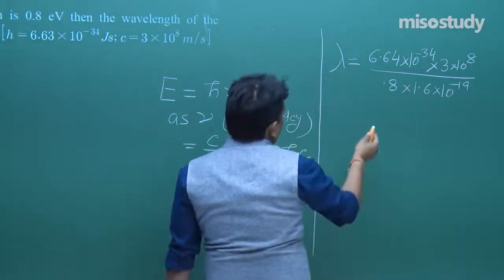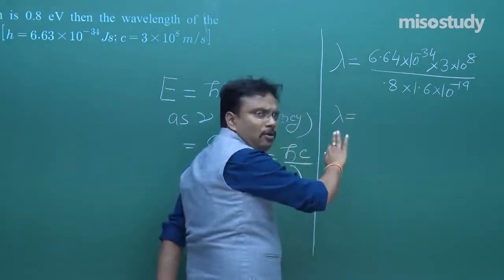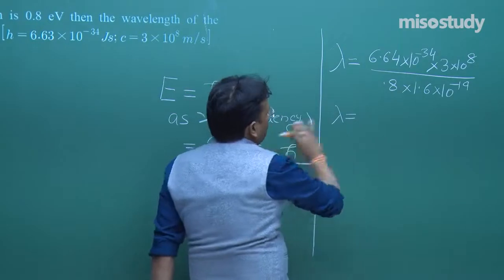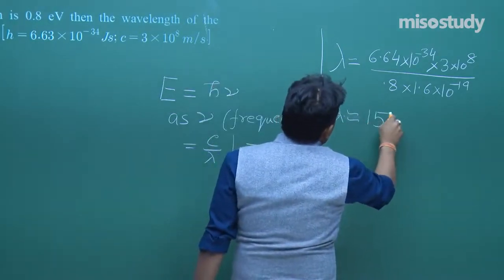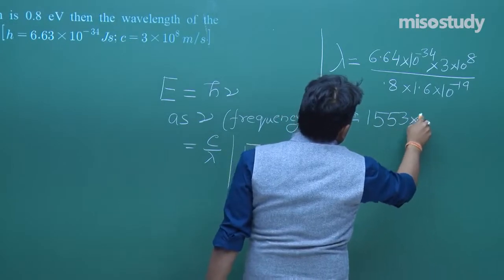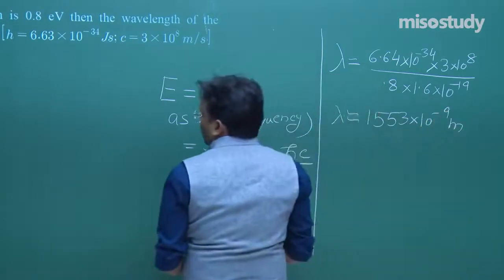Solve it, fine. After solving, definitely I am not going to multiply it. Lambda is nearly equal to 1553 into 10 to the power minus 9 meter. This is your answer, fine.